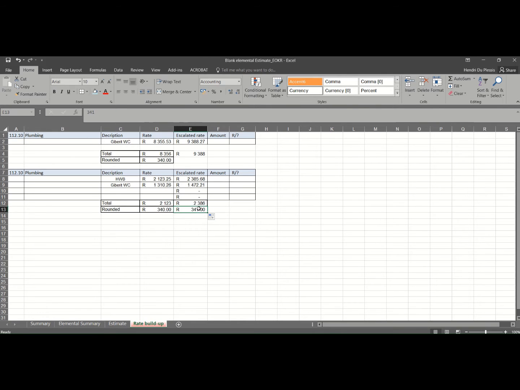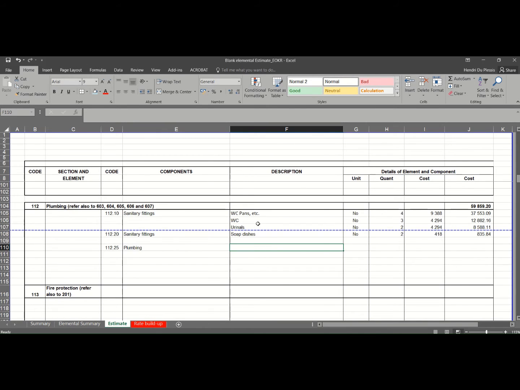So we've got our item here, and then we add this together, and then you will have a rate of 3,900 if you round it up. Okay, and then you would take it over to your estimate.